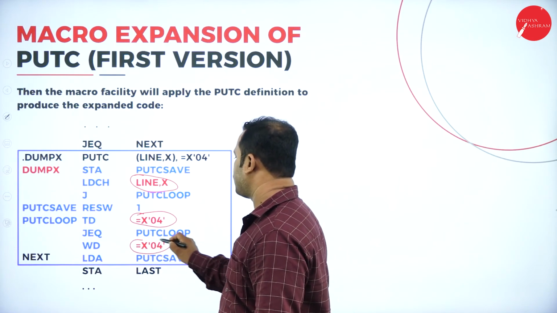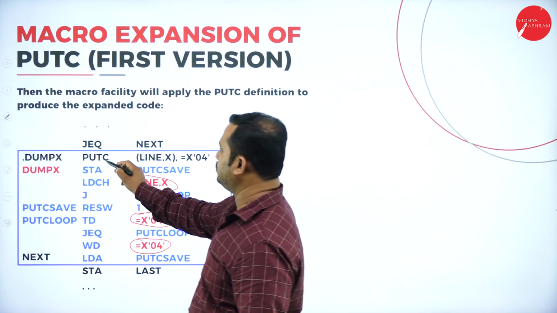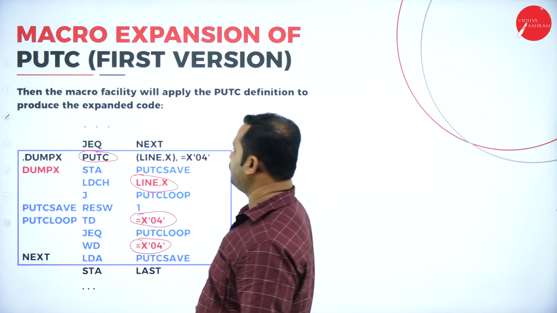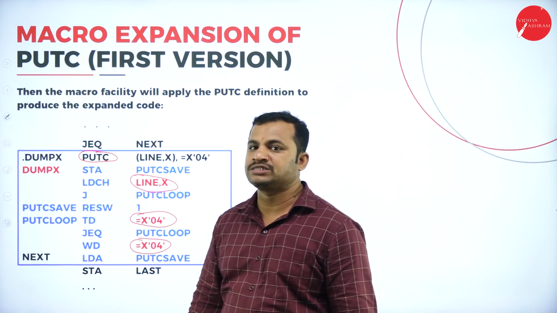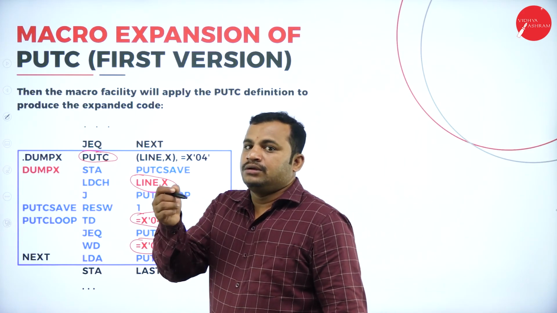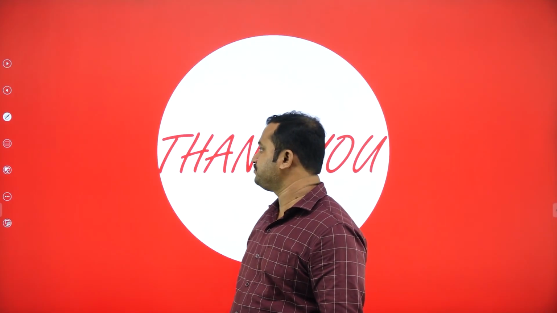Then it is placed according to that. So it is pasted in place of put C. So this is the macro, and these are the definitions of the macro which are going to be placed according to the macro instruction which is defined in a program.